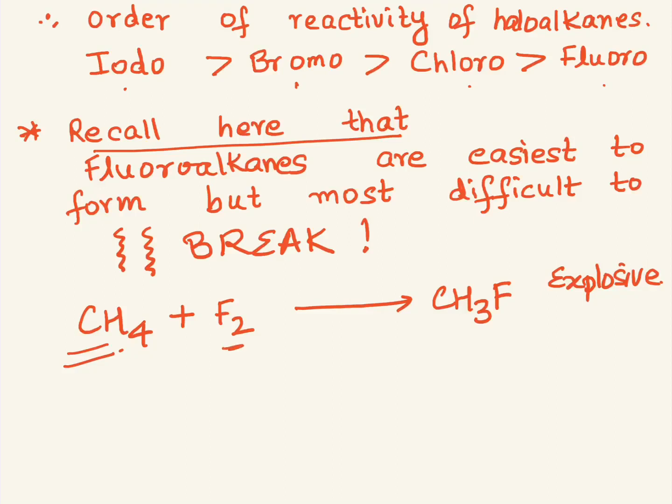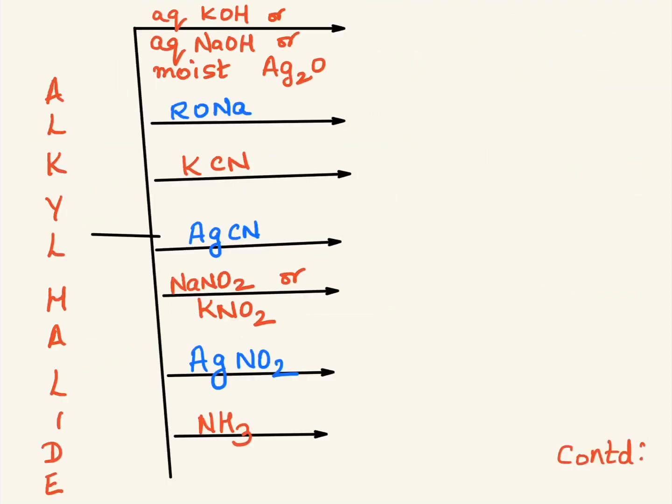In many places you find that when you see the reaction of the halogens with other compounds, fluorine is the most reactive. So fluoroalkanes are the easiest to form. They form with a big bang, with a big explosion. But if you realize, they are the most difficult to break. So keep this in mind as we go ahead with learning more of these nucleophilic reactions.